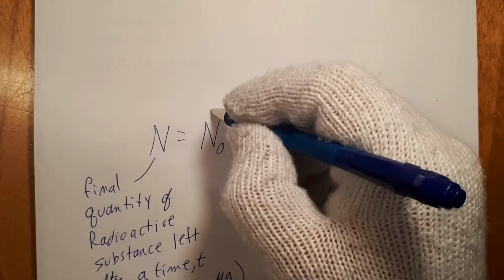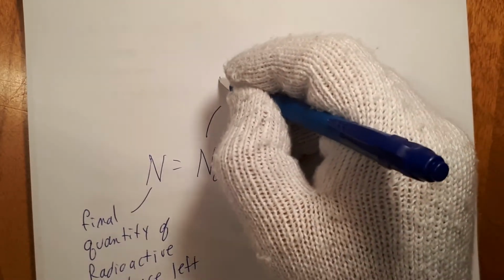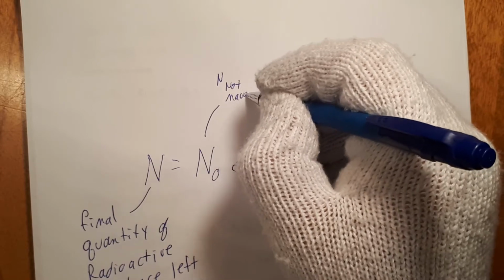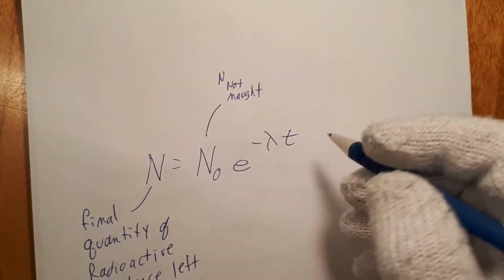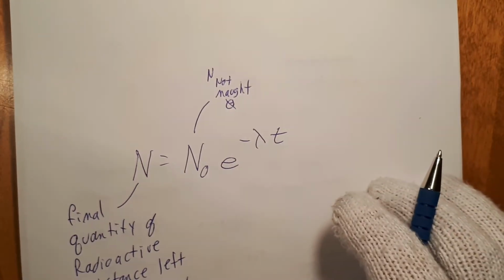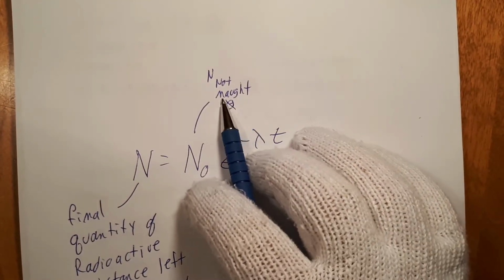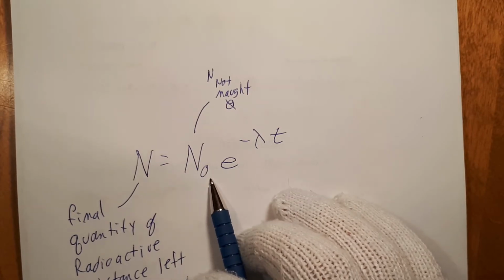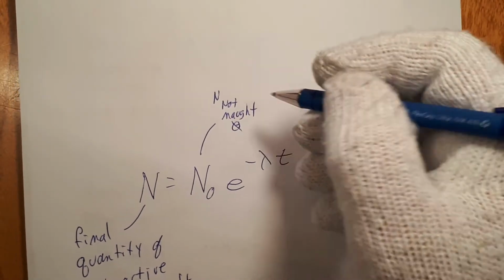N naught. This is pronounced N naught, also written N-A-U-G-H-T. The zero here is an old English term meaning zero, naught. N naught then is the initial quantity.